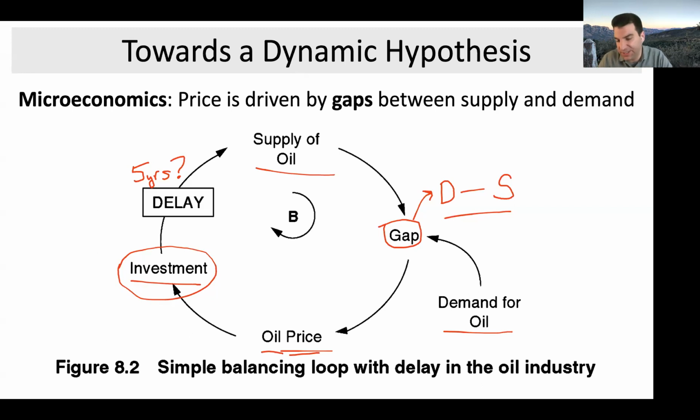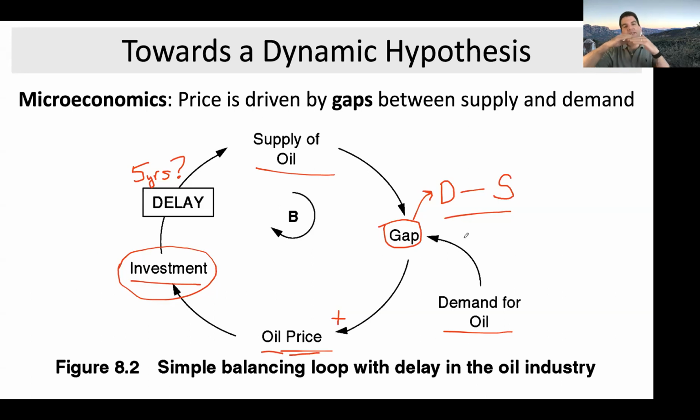So the question here in the chat, so if the gap reduces, the price reduces. So here, the way I've drawn the gap, demand minus supply, I think I need a plus here. So the idea here is, which was like you said, if the gap reduces, the price reduces. Well, it's more like if the gap is large and positive, then the price is going to increase.